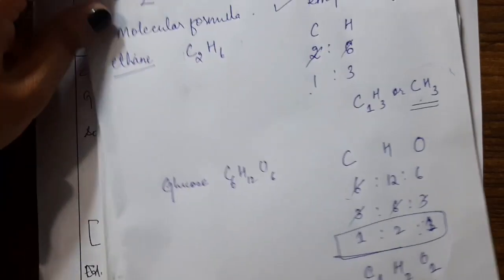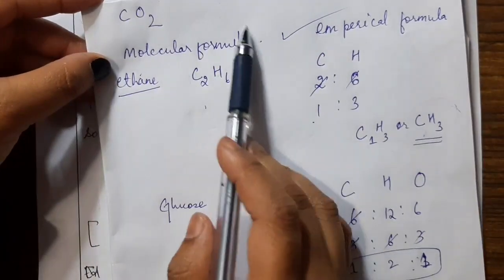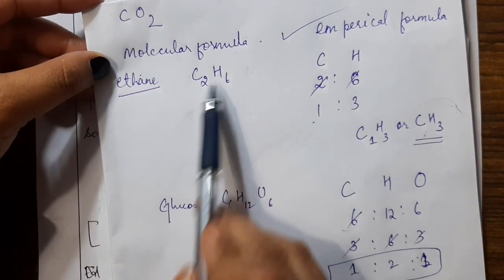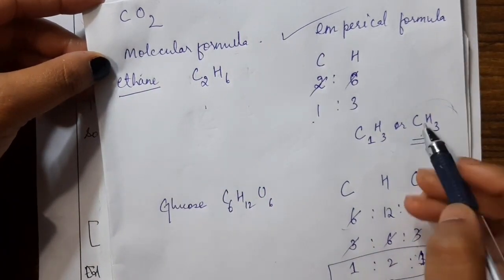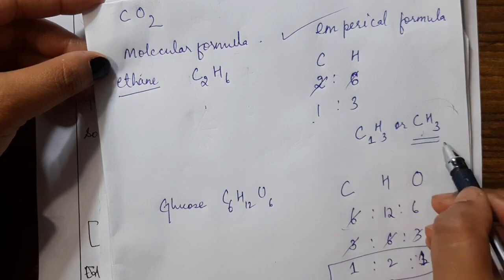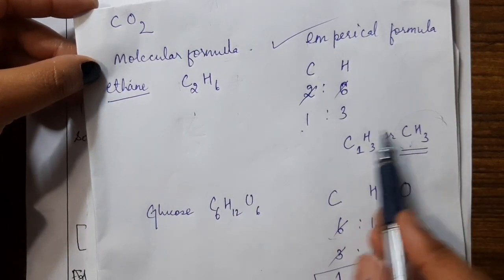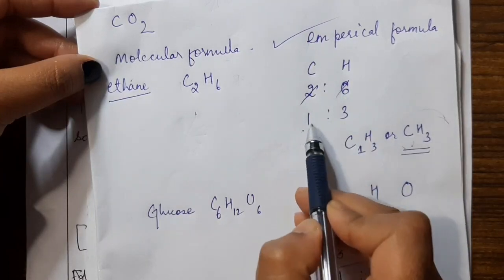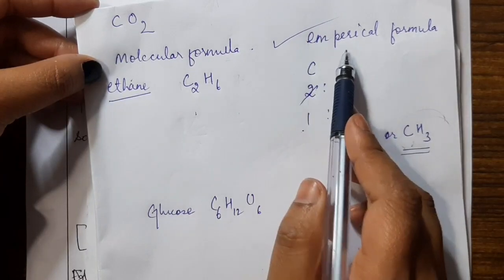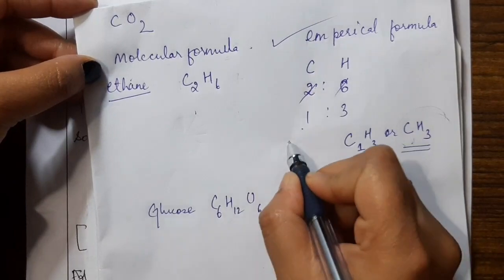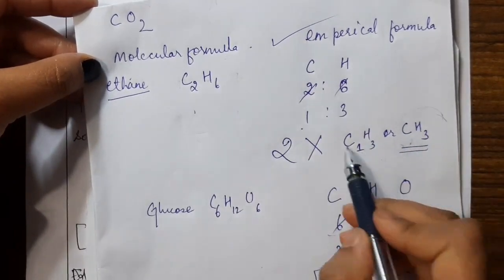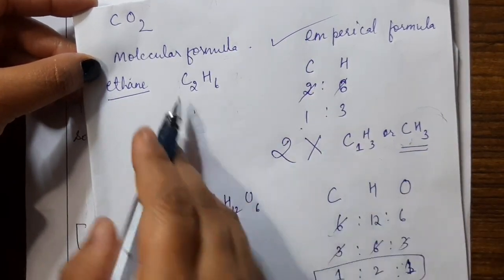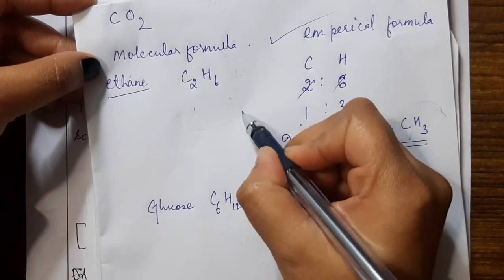Now as you can see out here, the molecular formula of ethane is C2H6 and the empirical formula is CH3. We divided by 2 in order to find the empirical formula. Now, 2 into C1H3 gives you what? The molecular formula.